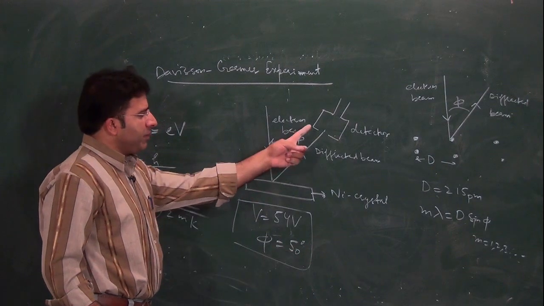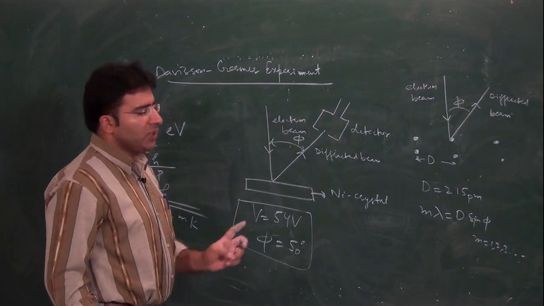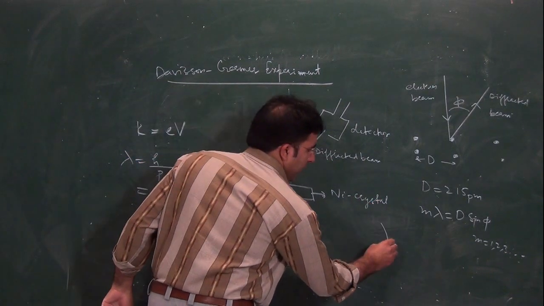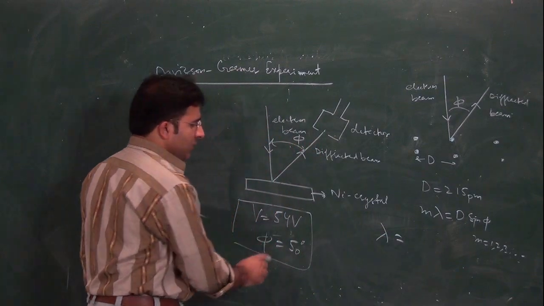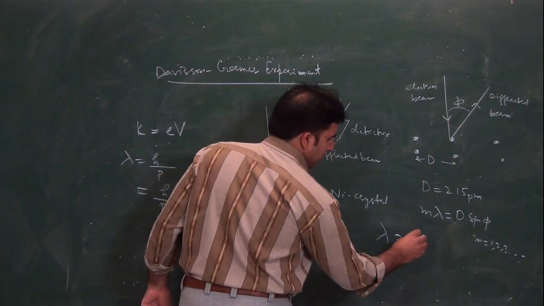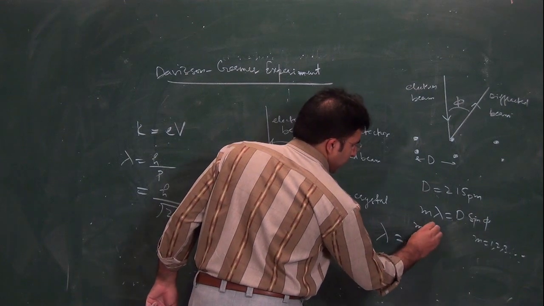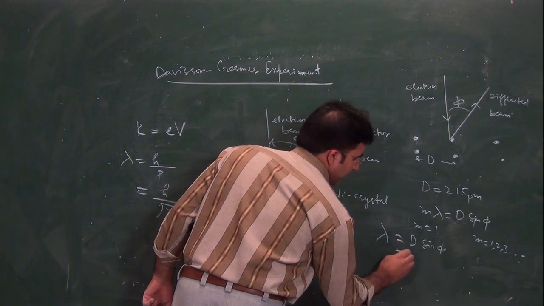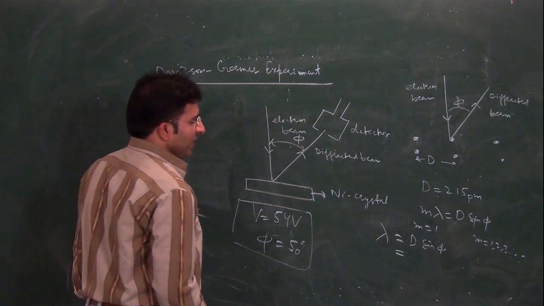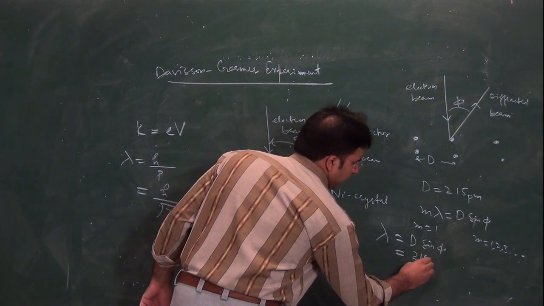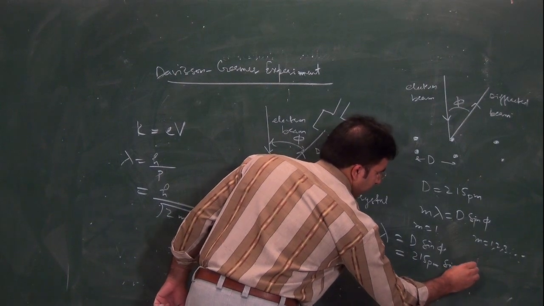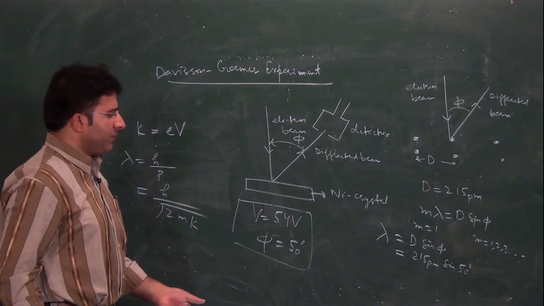They said it is actually the first diffraction maximum of the diffracted beam of electrons. Therefore, the wavelength of this diffracted beam must be d sine phi, with m taken as 1. D was 215 picometer, and sine of 50 degree, because phi in that situation was 50 degree.